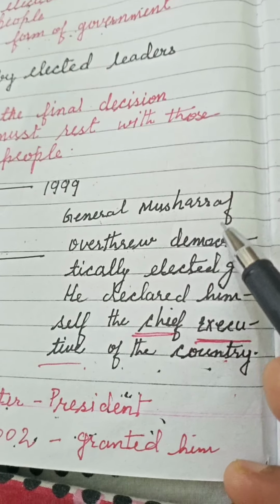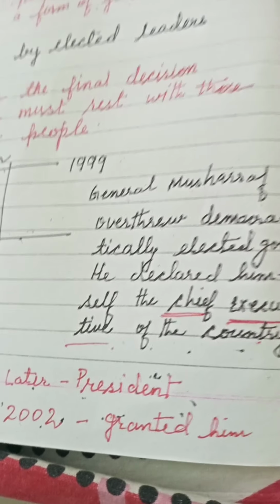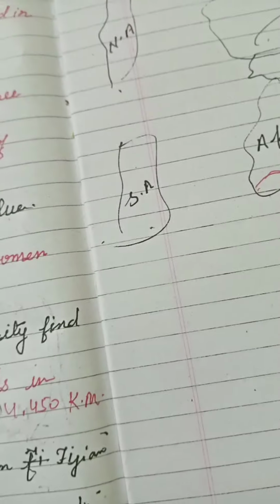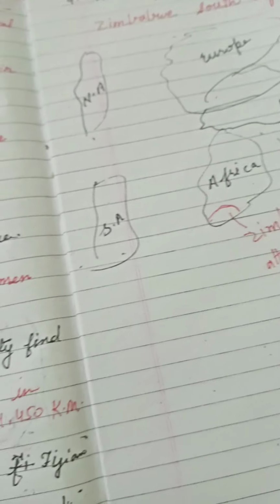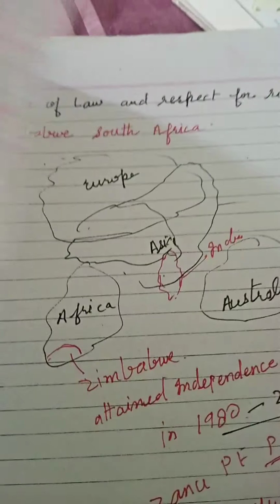Here, General Pervez Musharraf declared himself president. Then later on, he also extended his time period. So all these things do not come under a democratic government. That's why we were always in a dilemma whether Pakistan is a democratic or non-democratic country, whether China is a democratic or non-democratic country.